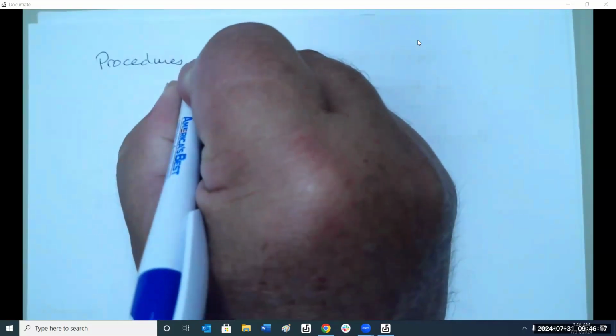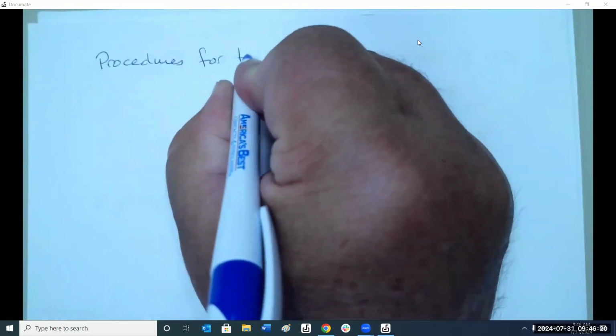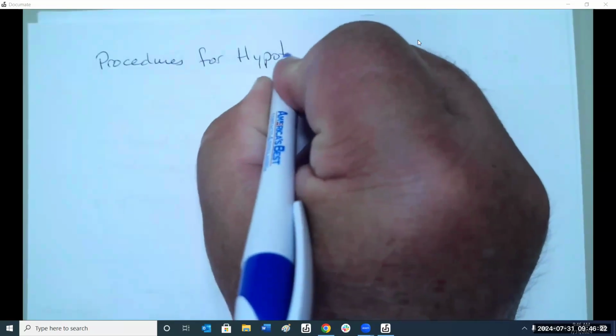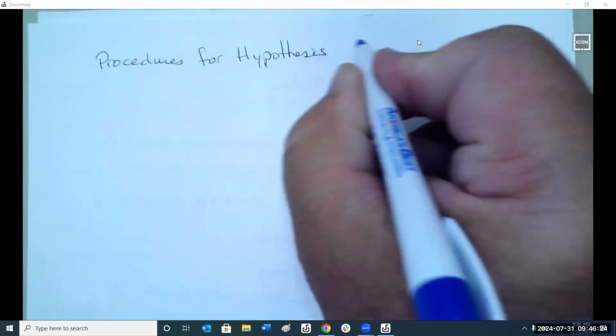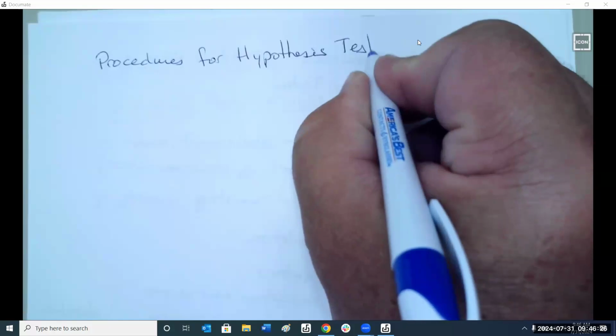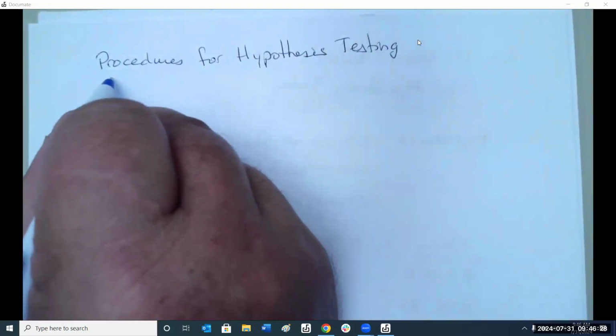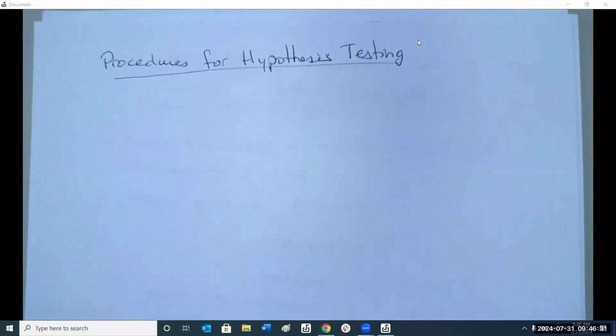Okay, let's see here. So let's look at the procedures for hypothesis testing. So the whole process really goes like this: you make an observation, you create a test, collect data.